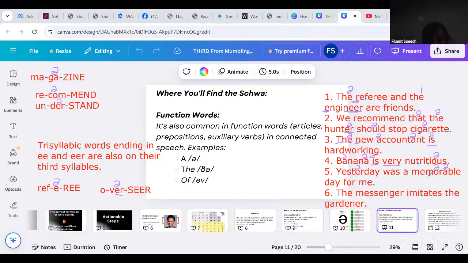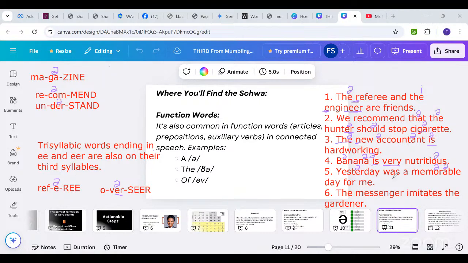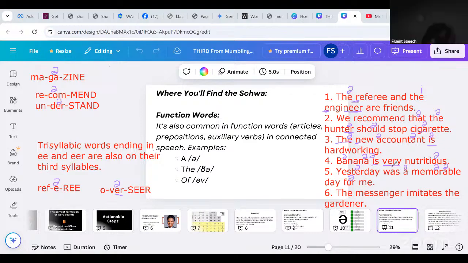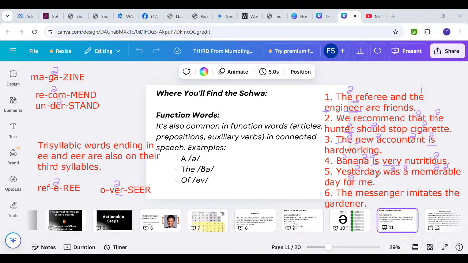Madam Mary, please work with number 5. Can you identify the function words? The first short word, "a". Okay. "For". And "was" is also a function word.